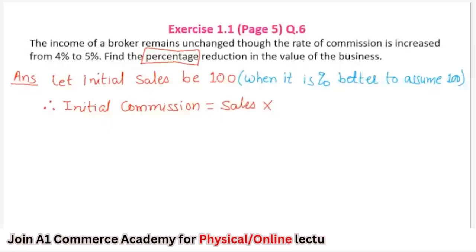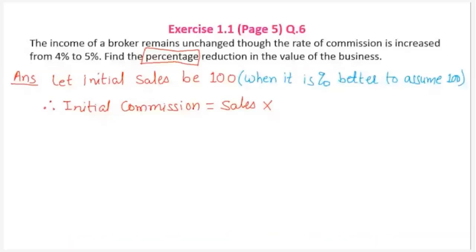So we write 4 upon 100. What is sales? What we have assumed: let initial sales be 100. So 100 into 4 upon 100. 100 gets cancelled. That is the reason you should take 100. Easy cancellation happens. 100 got cancelled and the answer is 4.